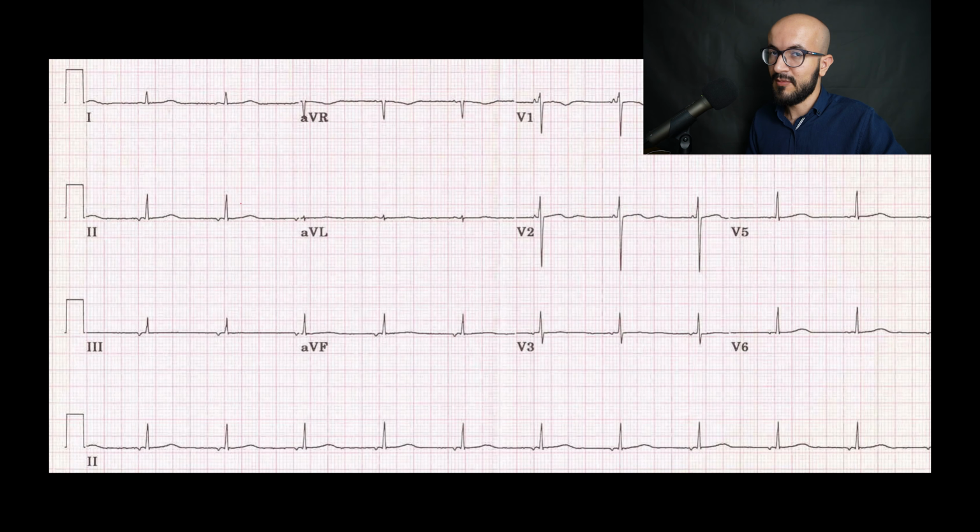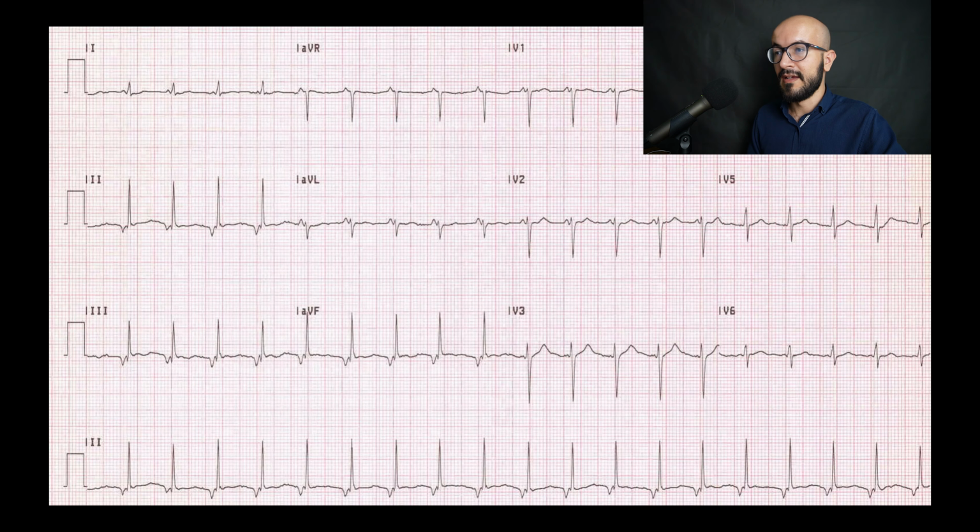In the second example here, we have accelerated junctional rhythm. So we can see that we have a normal QRS complex and we have an inverted P wave before the QRS complex, and we have a regular rhythm, but then the rate is in the 70s, so this is accelerated junctional rhythm. In the third example here, we have junctional tachycardia.